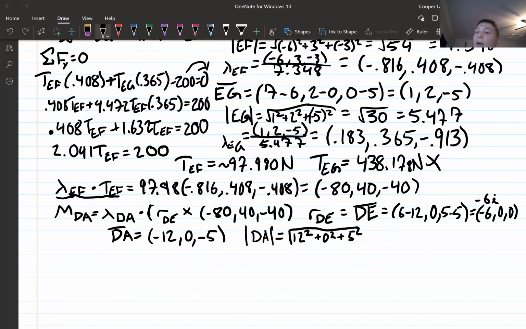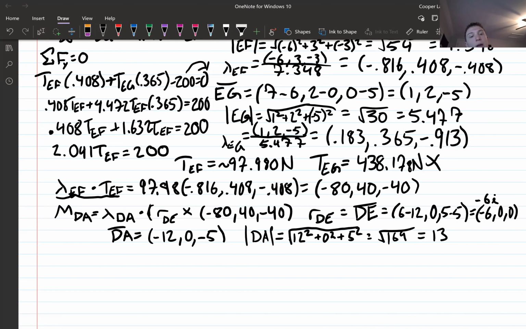And yes, I'm aware that it's negative 5 squared, however, when you square a negative, you get a positive again. This works out very conveniently, because 12 squared is 144, 5 squared is 25. When you add those together, you get 169, and that equals 13, which is pretty convenient.